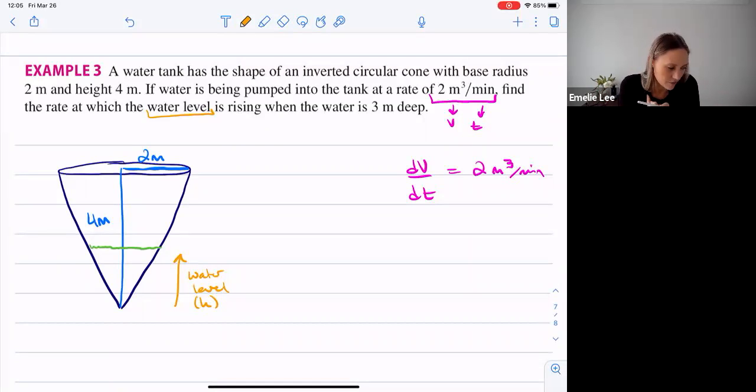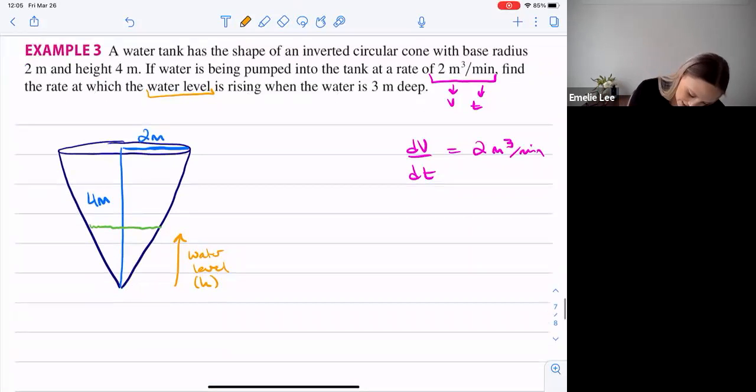So the water level H is what we're interested in, right? So we want to find the rate at which the water level is rising. So again, I expect this to be a positive value when the water is 3 meters deep, okay?